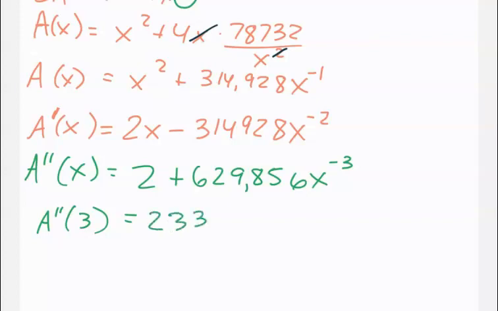So when I put x equals 3 into the second derivative, I get something like this. I don't really care what the number is. What I care about is that it's positive, which means that it's concave up, which tells us that the point x equals 3 is a minimum, which is what we wanted, right? We were trying to minimize the amount of material we were using.